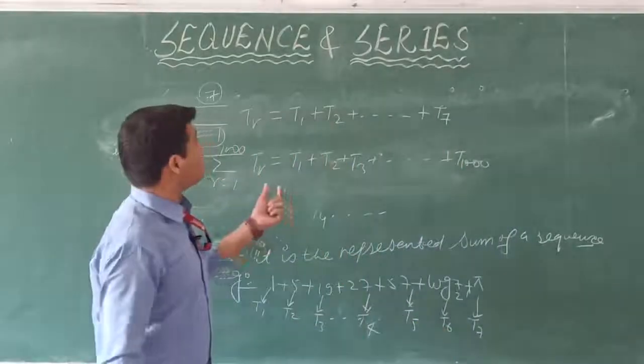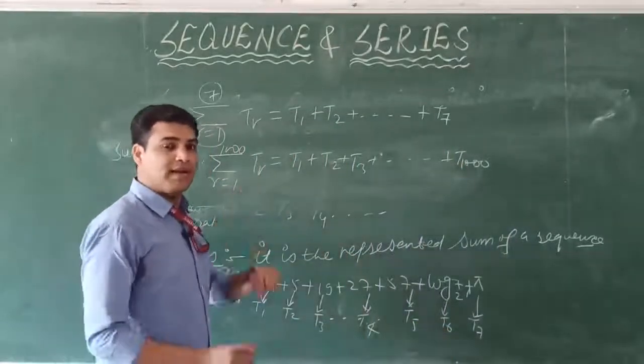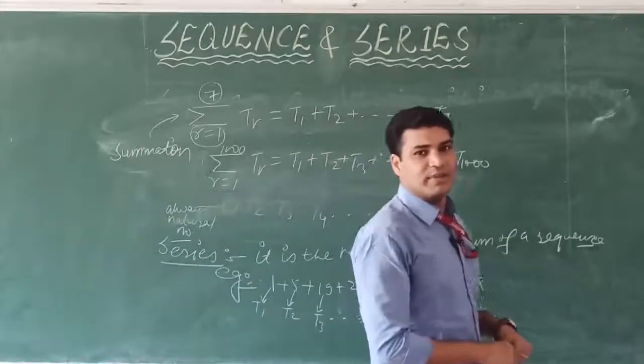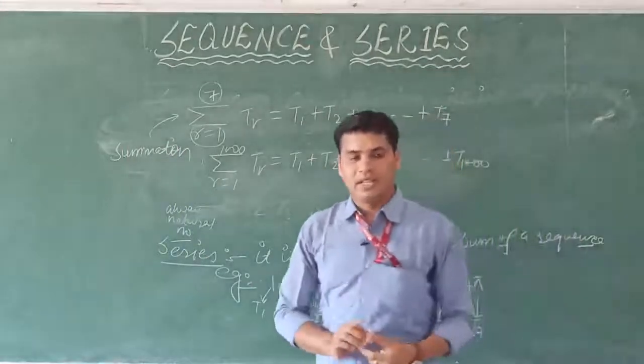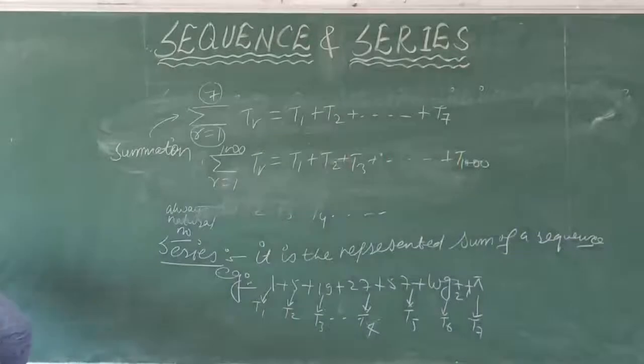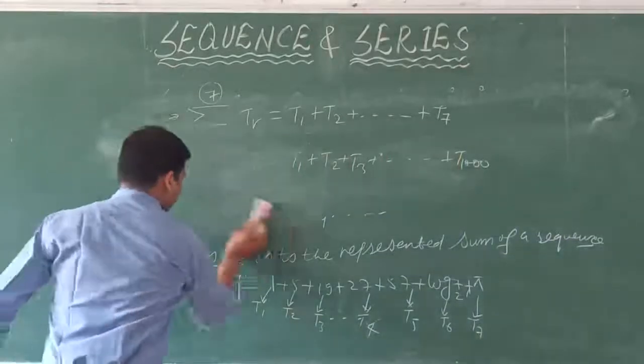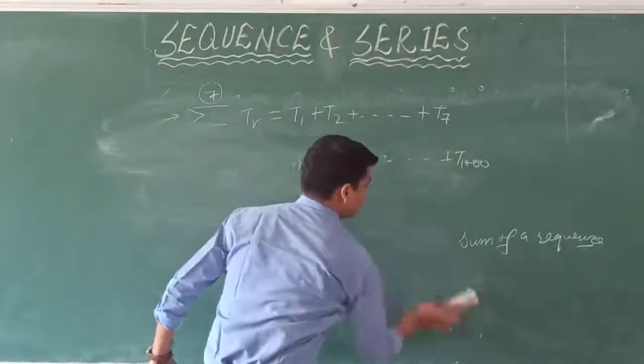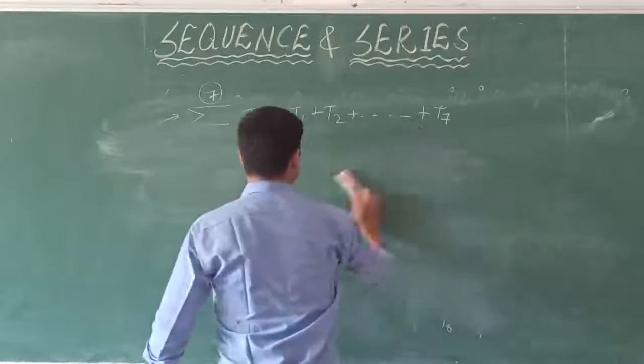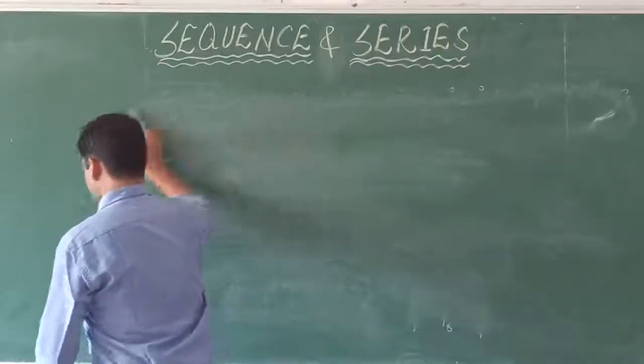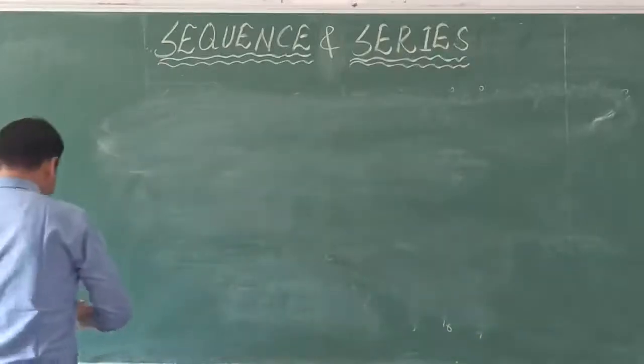Now I am going to discuss what is called progression. Then I will come to the point of what is the difference between sequence, series, and progression. So what is called progression?